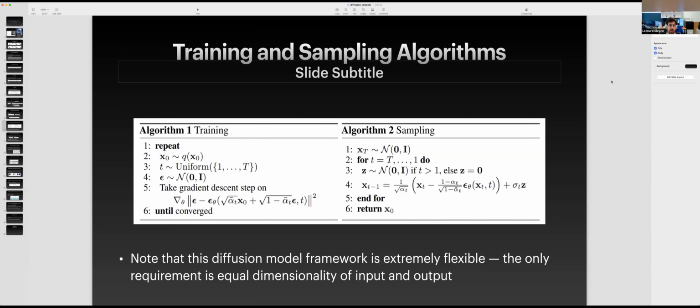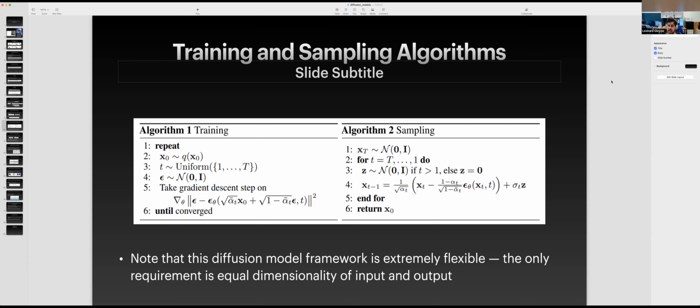So as for the training and sampling algorithms, the actual vanilla diffusion model for training and sampling is pretty straightforward. It's incredibly flexible. Again, the only requirement is the input and output have equal dimensionality. But for the training part, you sample an uncorrupted vector from your distribution, sample your time step and noise, and take gradient descent steps on the previously mentioned loss function until the model has converged.